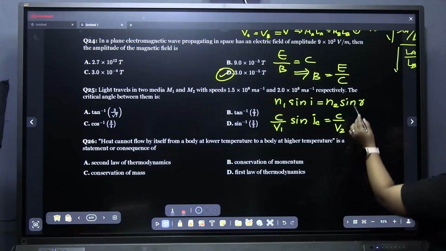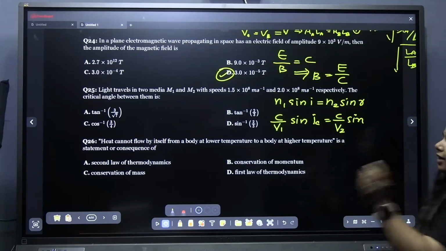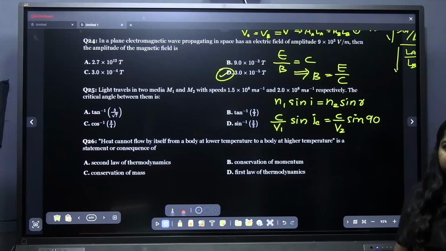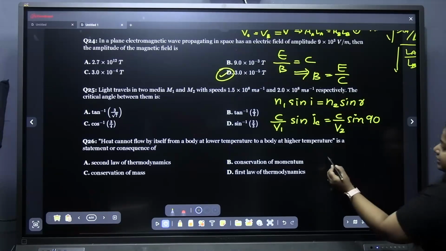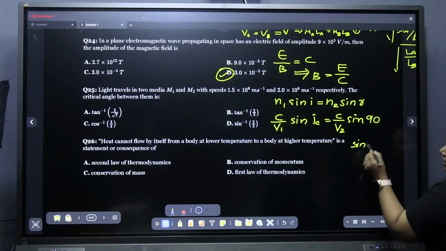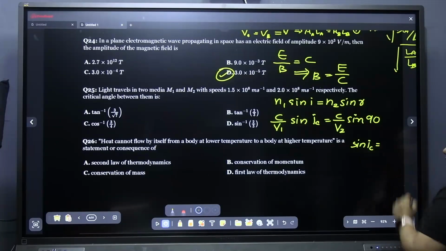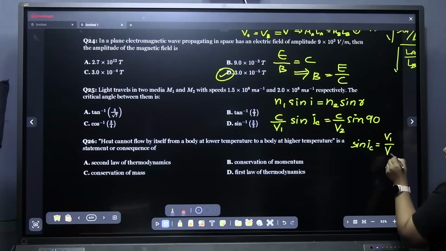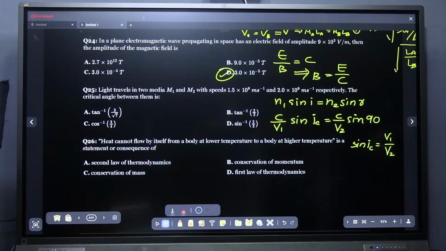And when critical angle is there, R will be 90 degree. So sin 90. Understood? Now we can say that sin of critical angle is equal to, C cancels on both sides, V1 by V2. And IC will be sin inverse of that.